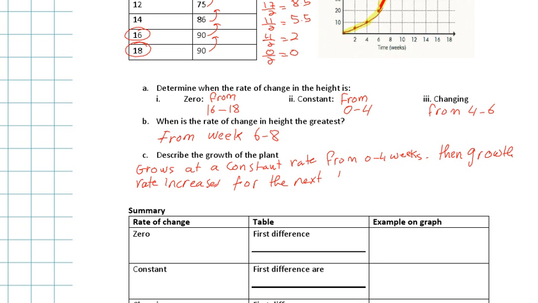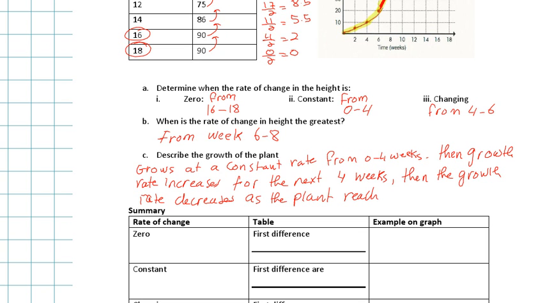Then the growth rate decreases as a plant reaches maturity. After week 16, the plant stops growing.